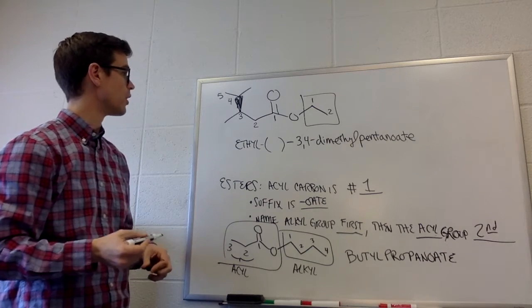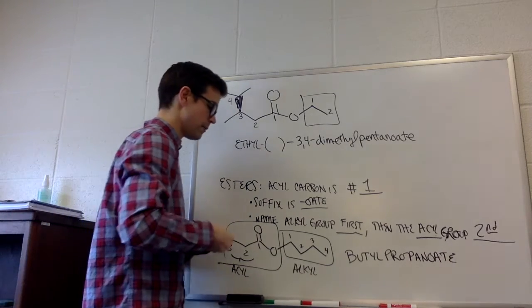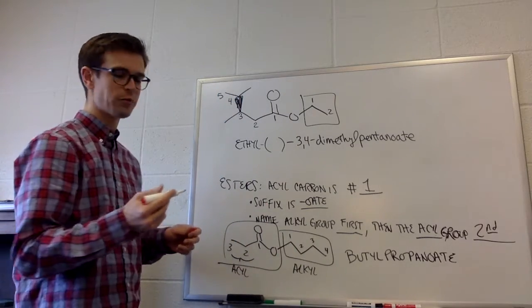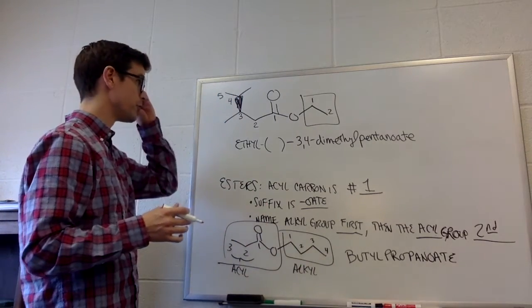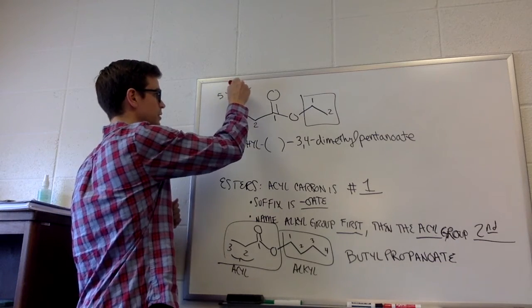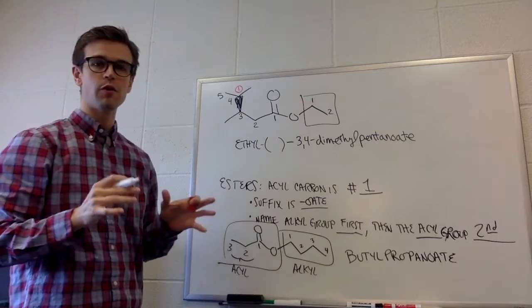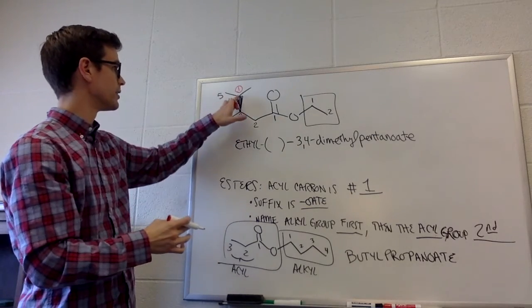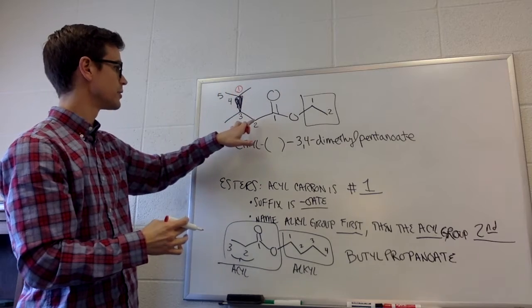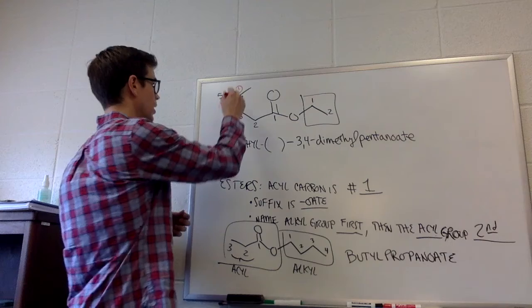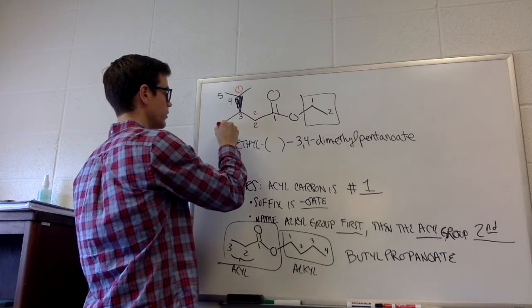So now we need to know our stereochemistry. Hopefully you guys are getting this stereochemistry down. It's hard to remember things we haven't done in a while, but we've been doing this for a little bit now, so that's good. Turns out that this is going to be substituent 1. If you don't know why, you should write out the groups, because this carbon is connected to 2 carbons. This carbon is only connected to 1 carbon. So the 2 carbons beat the 1 carbon. So that's 1, 2, 3.